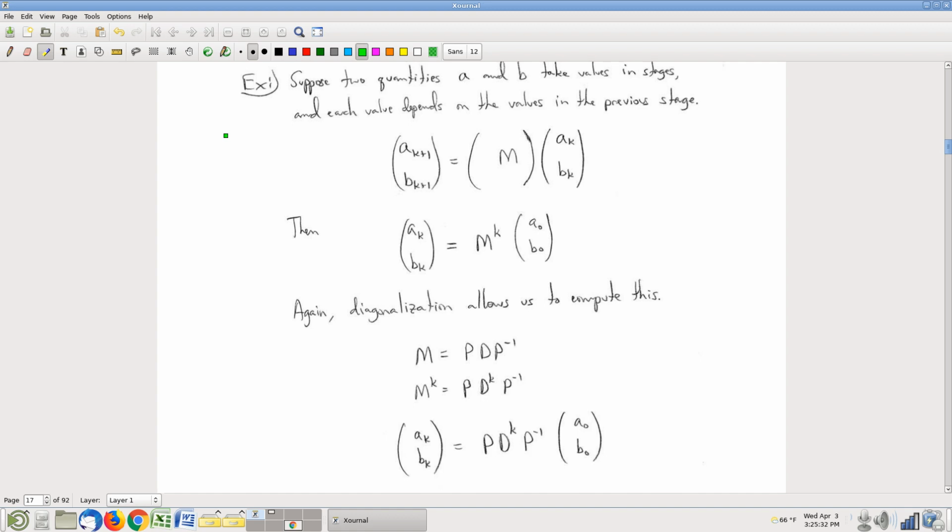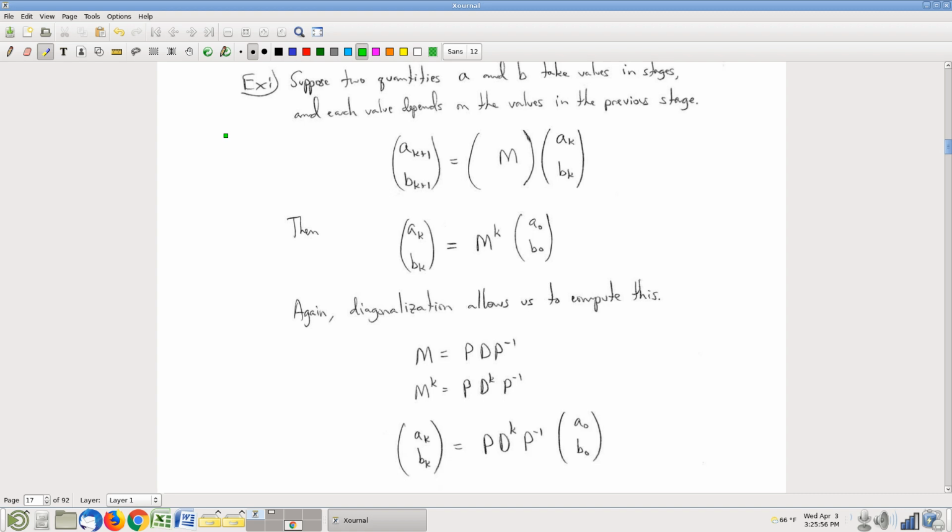So the observation here to make is that when you're describing a system, sometimes that system is described by a collection of parameters, A and B, let's say, and the system might take values, say A and B, not continuously over time, but it might take values in stages.